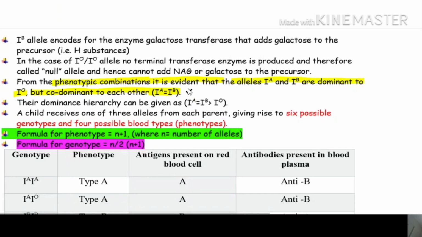So we can represent the relationship of all the 3 alleles in this method. This method indicates that IA and IB both are dominant over IO. It indicates blood group is a case of codominance, and it is also following the Mendelian dominant recessive relationship.